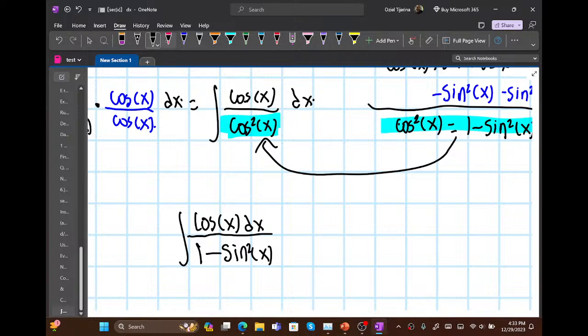Now, I'm trying to think here. Oh, goodness gracious. So, this is where it kind of gets really interesting here. I'm trying to think.